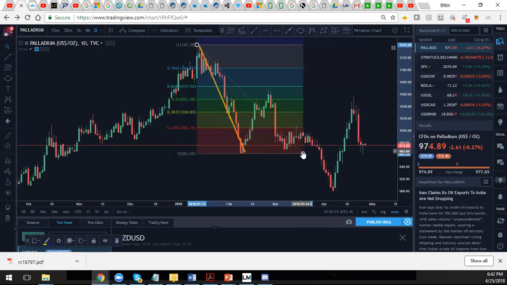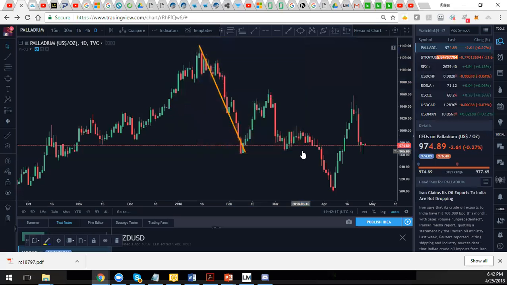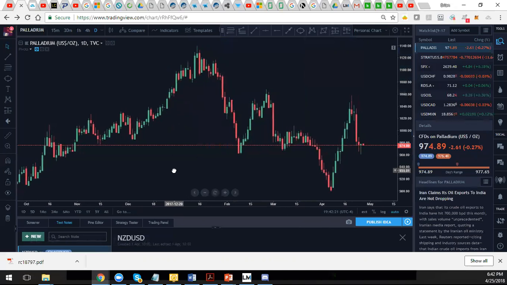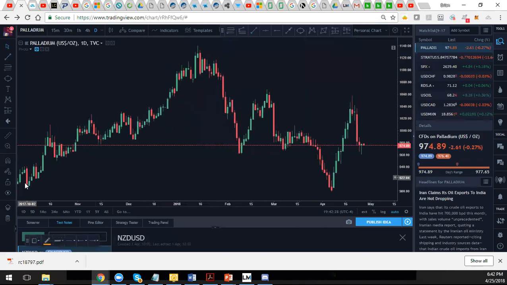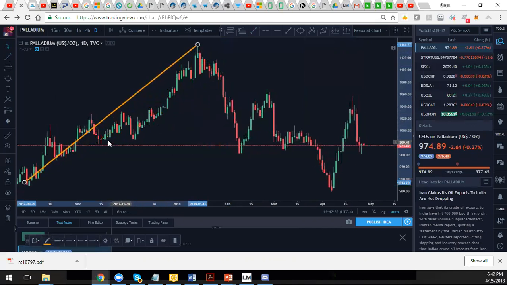Now, let's say that you have a swing high instead of a swing low. So let's say that for some reason, this swing high was a valid swing, right? And so you have a swing all the way here, and we wanted to bring out the Fib retracement tool.